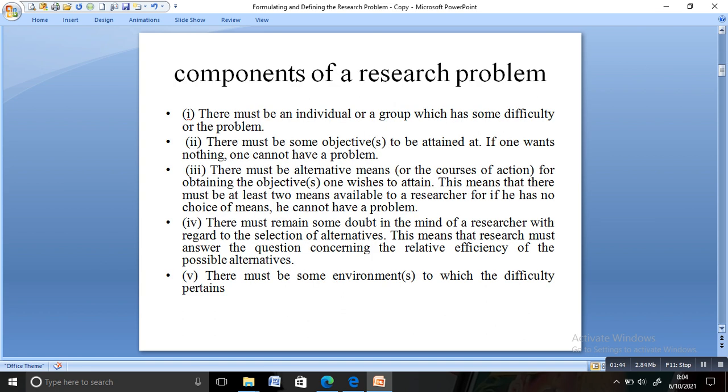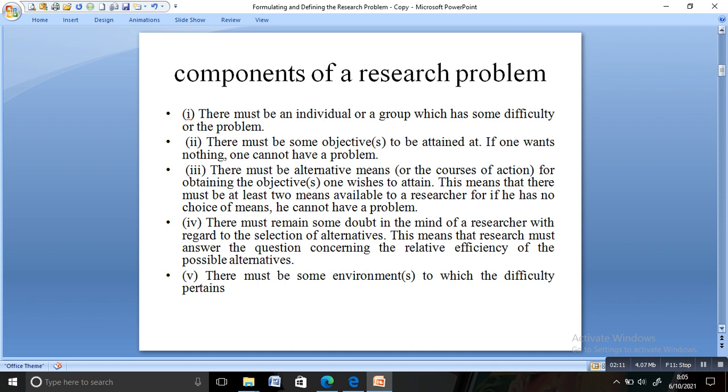Next is the components of a research problem. You are selecting a research problem, and what are the things to be present in the research problem? In selecting a research problem, the following components should be present. First is an individual or group which has some difficulty or the problem.